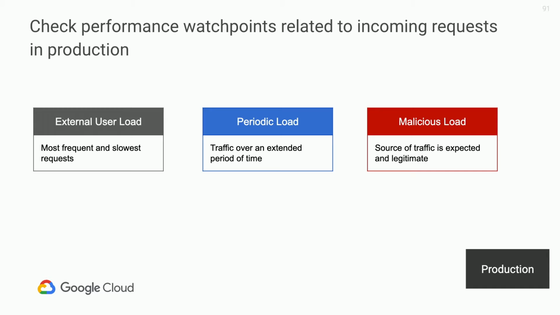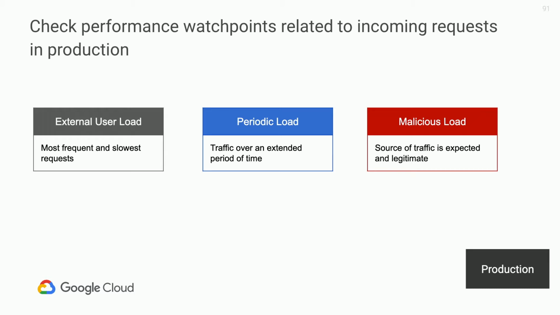You should be able to know and analyze the most frequent requests and the slowest requests of your application, and you should confirm that those requests are expected. And when you confirm those, you should dig down into the cause of those slowest requests and solve those problems.